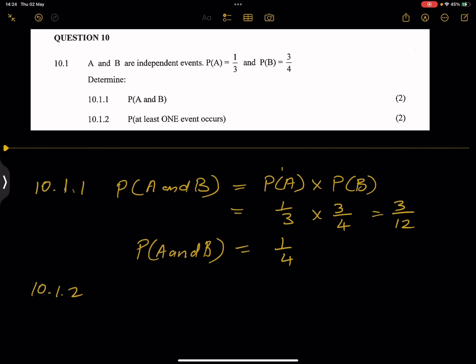All right, 10.1.2. They say determine the probability that at least one event occurs. Now remember, when we say at least one, it would be at least either A or B. So what are we looking for?